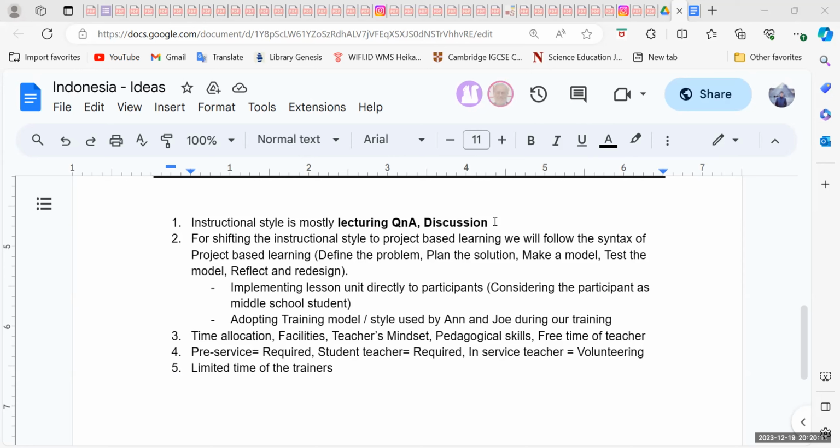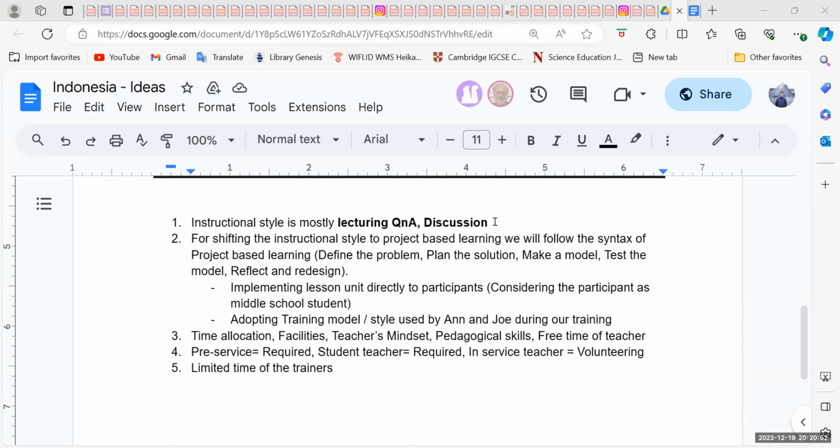Then we also have problems with teachers' mindset, because according to the survey, our teachers still think that giving lectures is the best way to transfer knowledge. They believe that giving a lecture makes the students understand all the topics. And when the students were asked in the survey which is better for them, most of them chose lecturing, maybe because of the habit of instructional style in Indonesia.